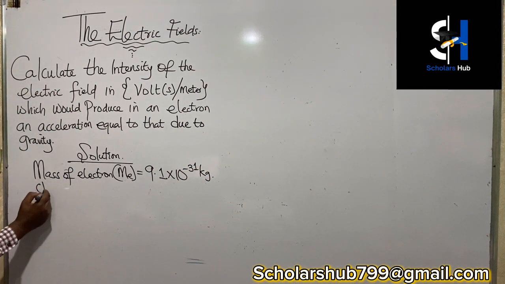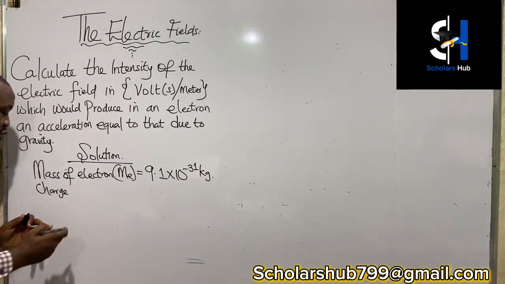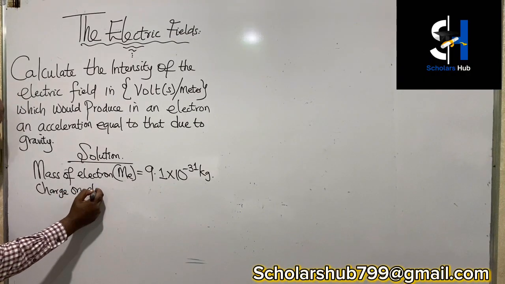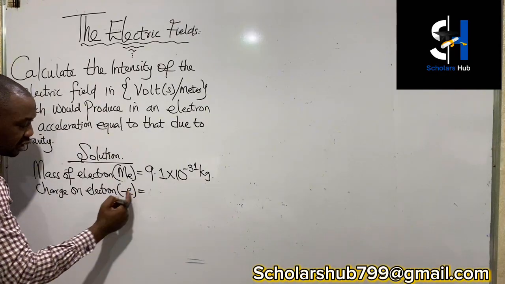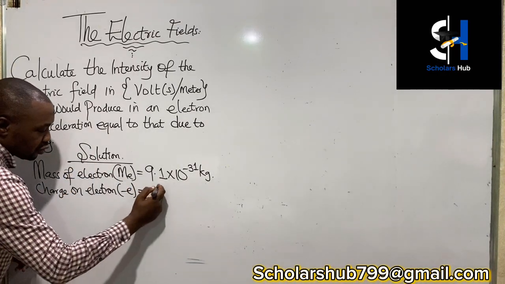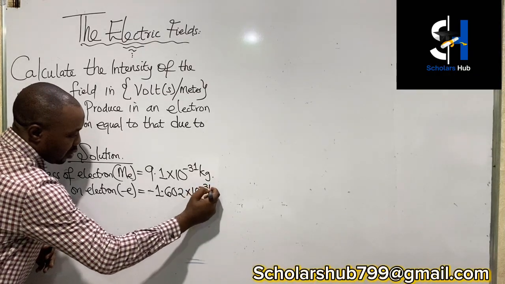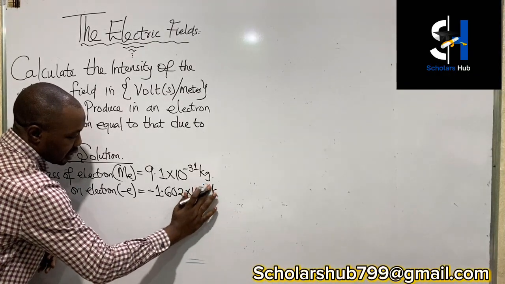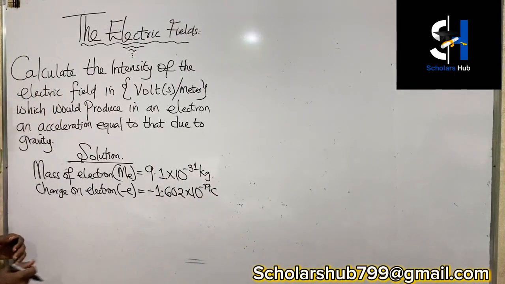Now we also know that because electron is a negatively charged particle, the charge on electron is negative e, and the magnitude of the charge on electron will be negative 1.602 times 10 raised to the power of minus 19 coulombs.